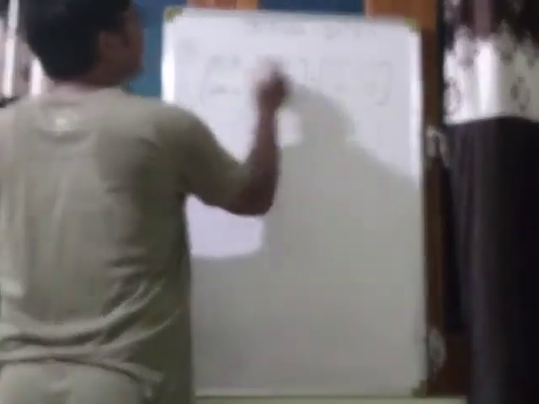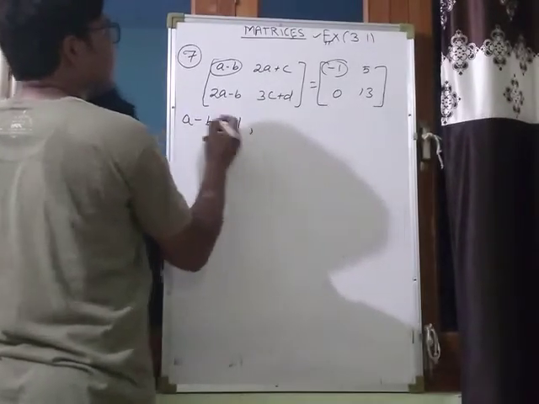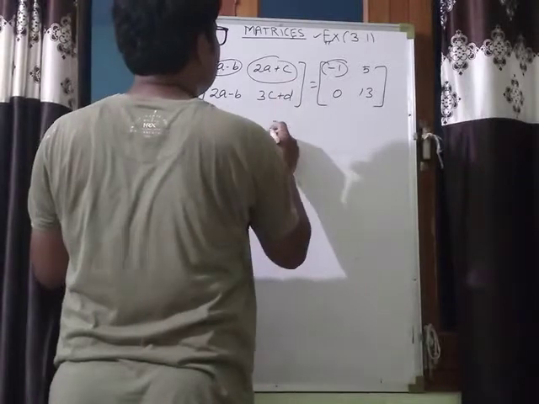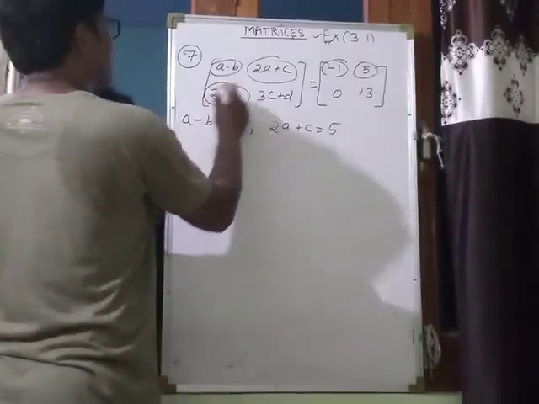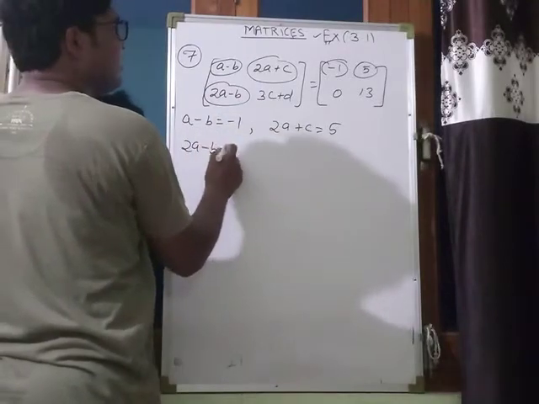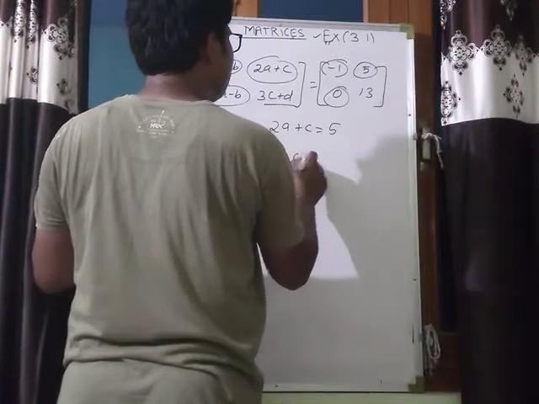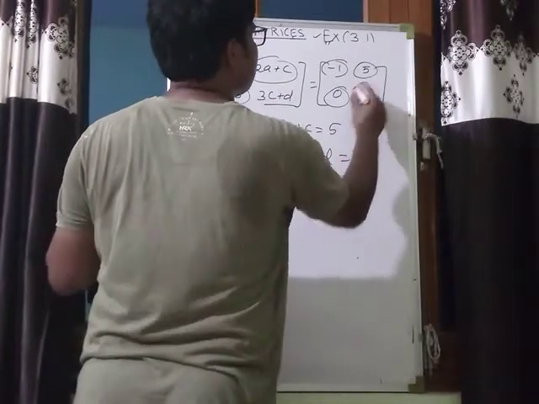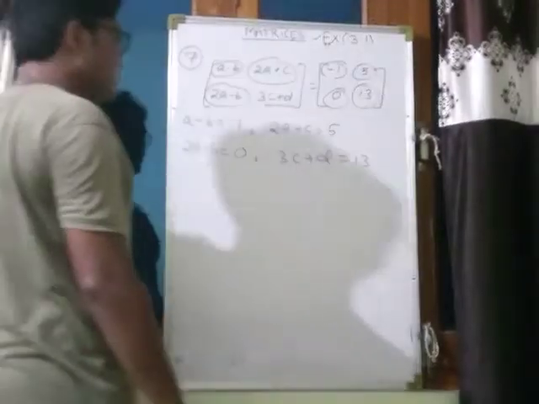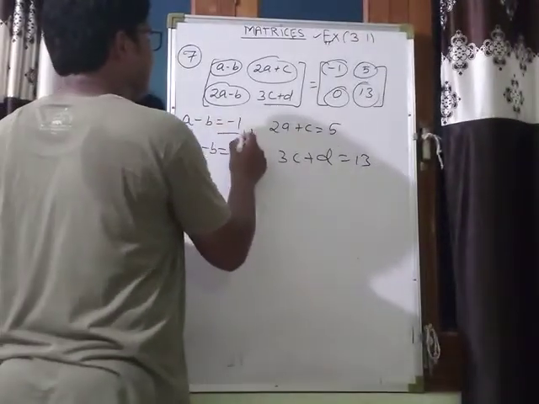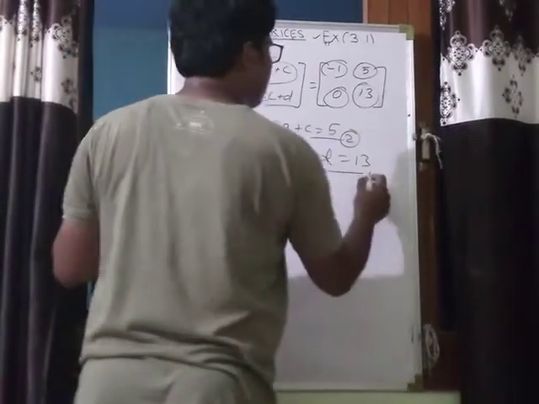This means a minus b will be equal to minus 1, 2a plus c will be equal to 5, 2a minus b will be equal to 0, and 3c plus d equal to 13. Now solve these four equations and find out the values of a, b, c and d. Suppose this is first, this is second, this is third, and this one is fourth.